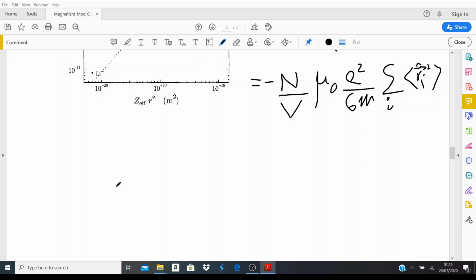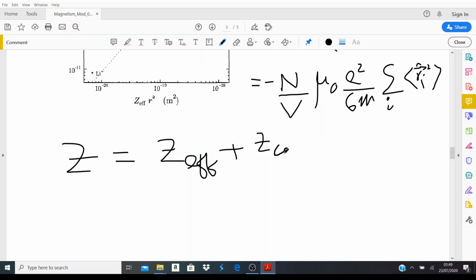For that ion or atom, we have said there are Z electrons in that system. But we can think of this total number of electrons as divided into two parts: the effective part and the other part, known as the core electrons.